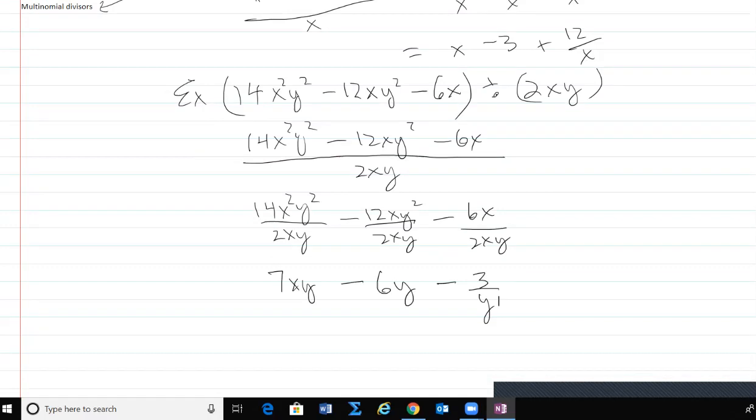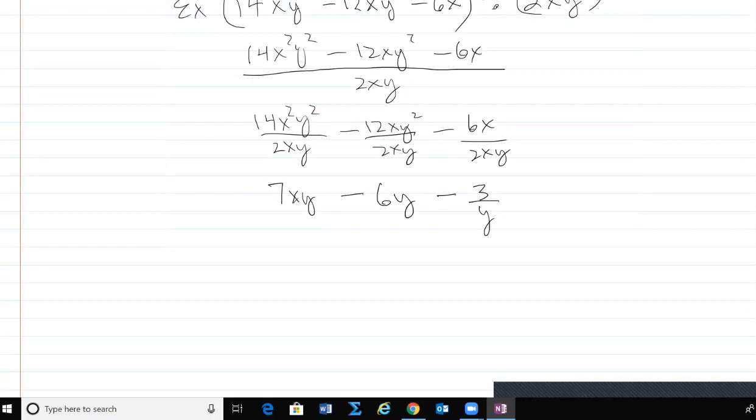Okay, so now let's go ahead and look at the next type, which is the non-monomial, so we'll say multinomial divisors.